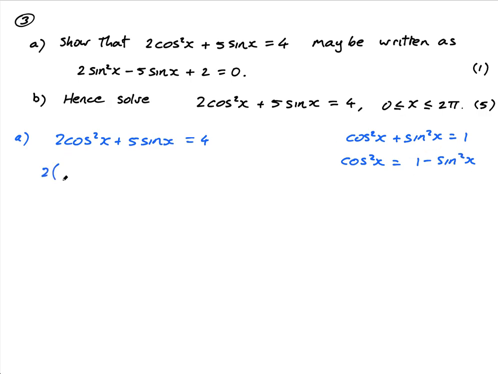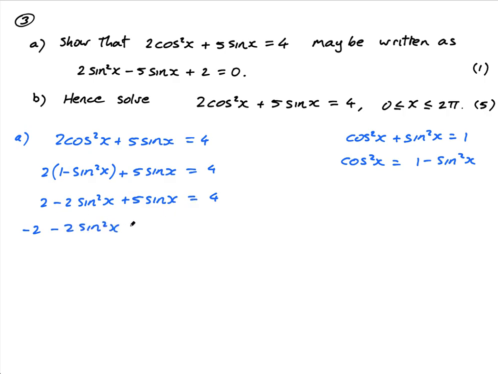So I have 2 times (1 minus sine squared x), because that's cos squared x, plus 5 sine x minus 4. Expanding this out, I get 2 minus 2 sine squared x plus 5 sine x equals 4. Depends which way you want to go here. I could subtract the 4, and I get negative 2, because 2 minus 4 is negative 2, minus 2 sine squared x plus 5 sine x equals 0.